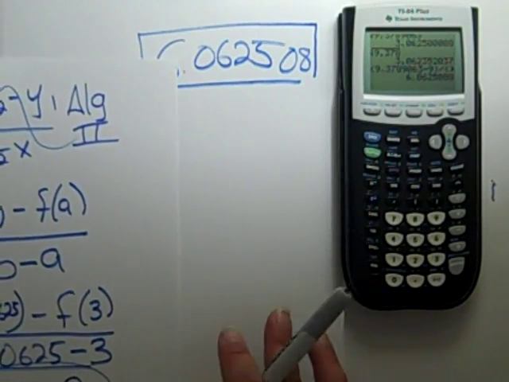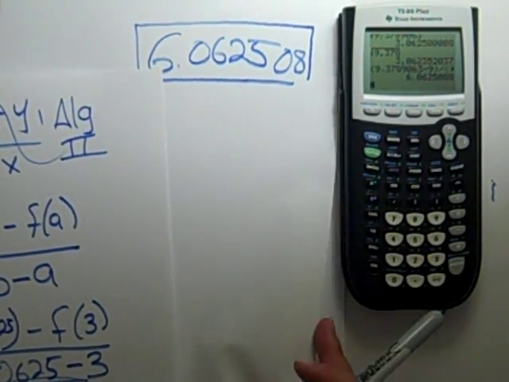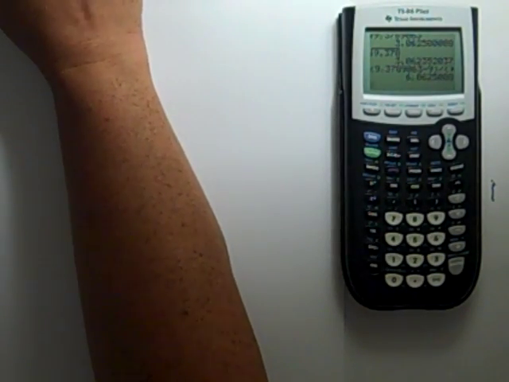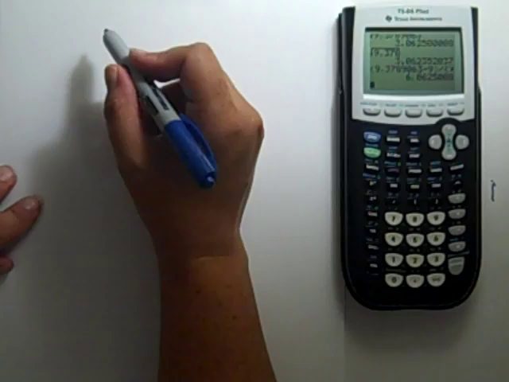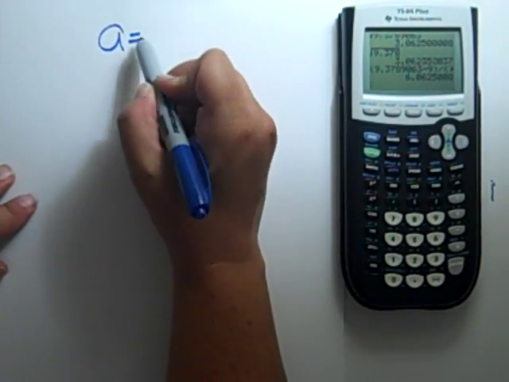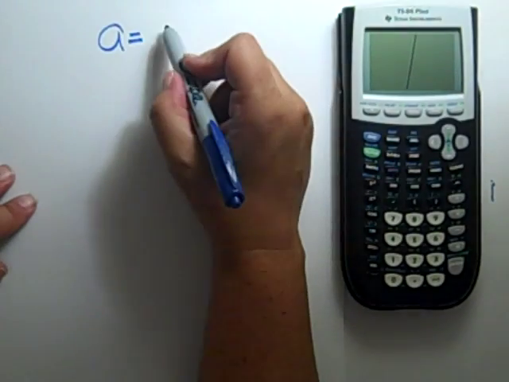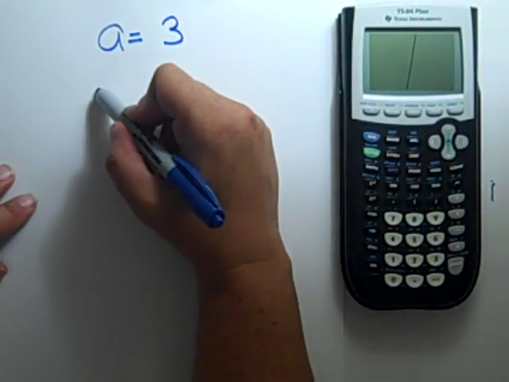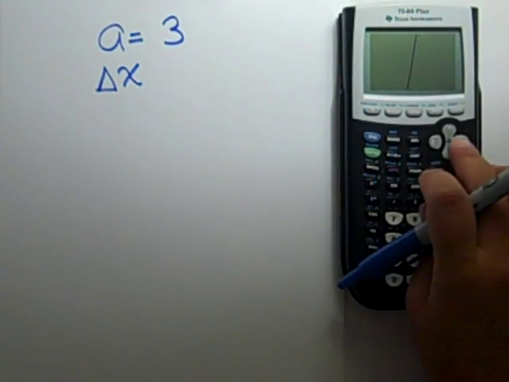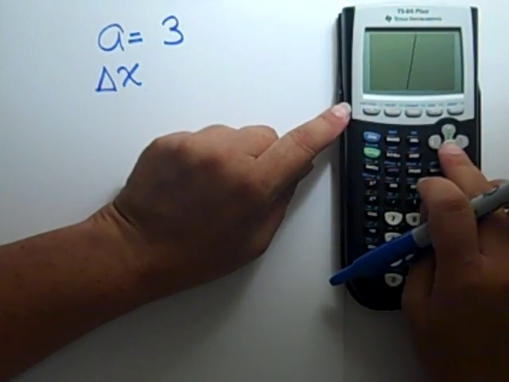So let's look at number 5. Number 5 said, write the slope equation you just used, but use the other formula. So remember, we want to know what a was. Well, for a, we decided to use 3. What was the change in x? Is it just however much x changes?